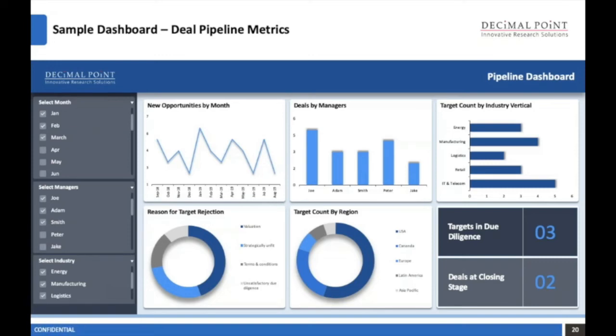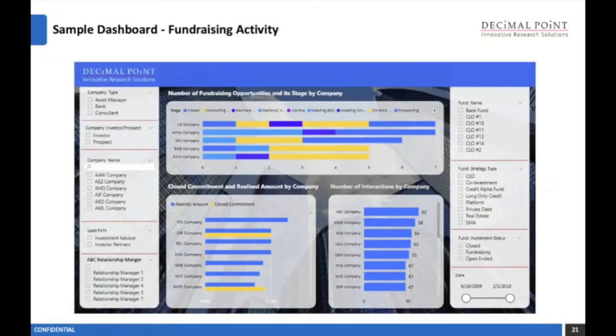So those things are quite effective. The second dashboard is basically something that covers the actual fundraising process, and in that respect, I think the function still involves a lot of relationship building with potential investors, getting the right connect and getting feedback.